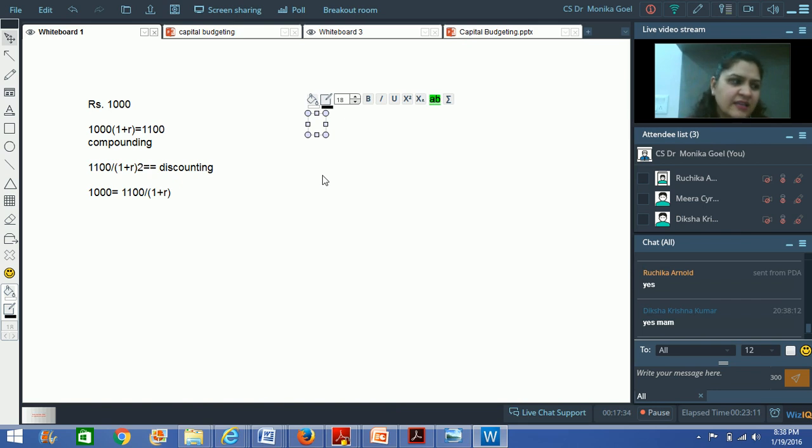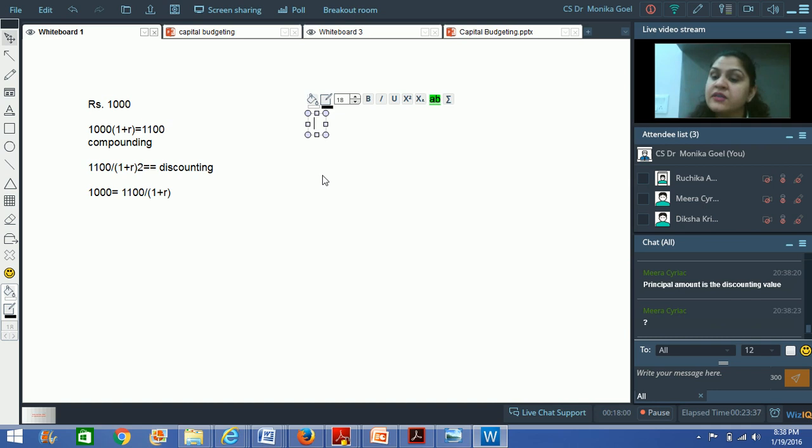In the last examination, in December 2015, there was a question in, I think, the old syllabus, which was talking about bond valuation, where principal amount is the discounting value. Now, I'll explain it again.